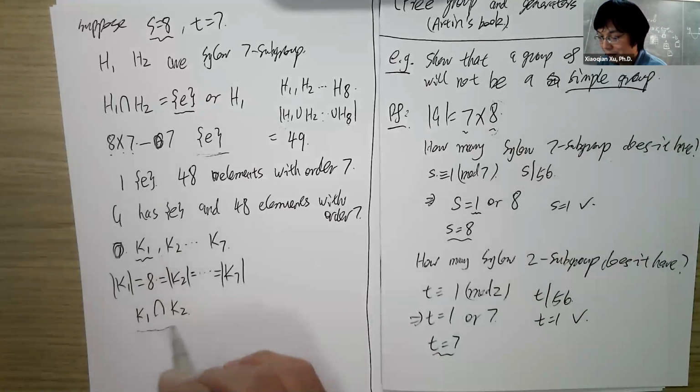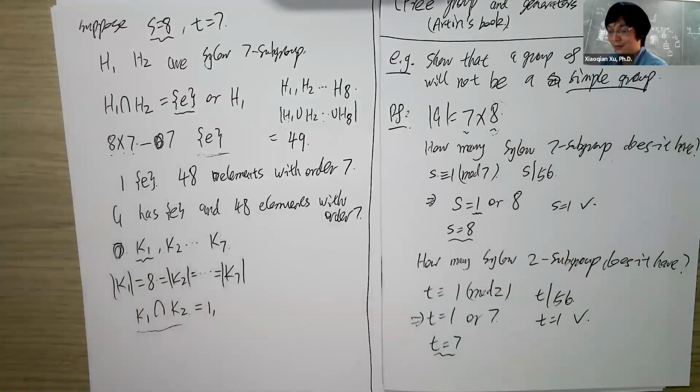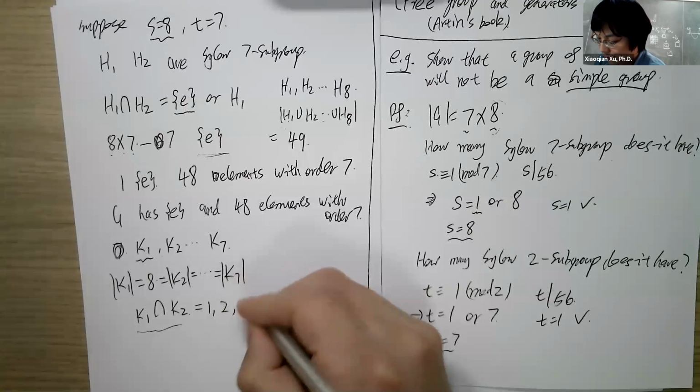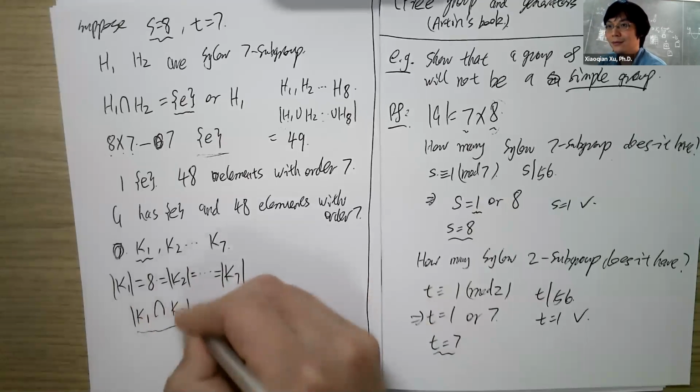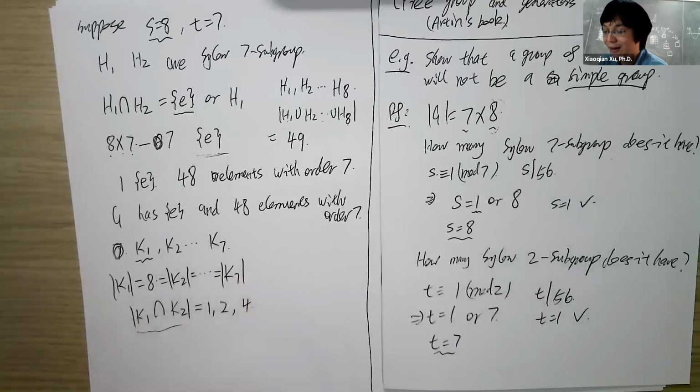So again, what can we say about K1 intersect K2? It equals 1, or 2, or 4, but it cannot be equal to K1. K1 cannot equal K2, because they are 2 different Sylow 2 groups, right?